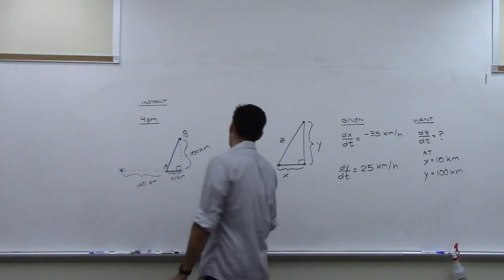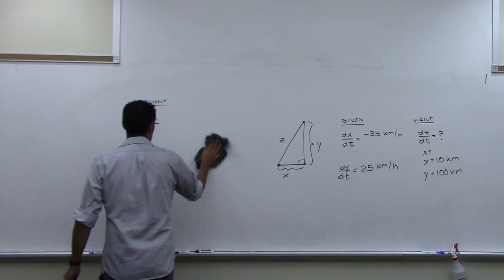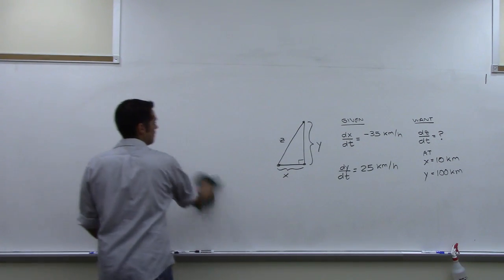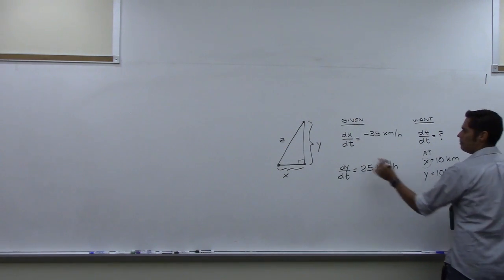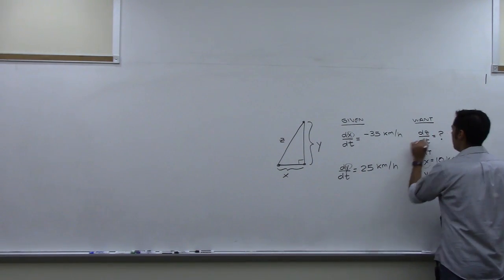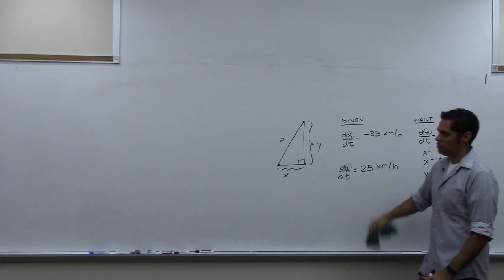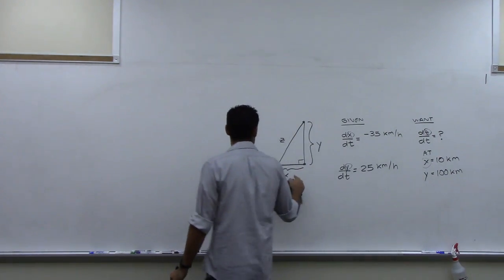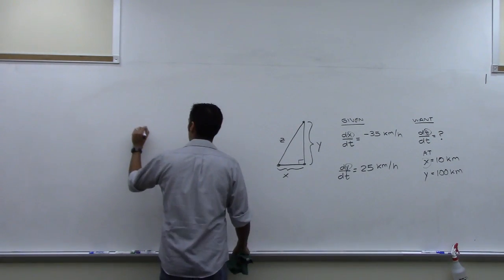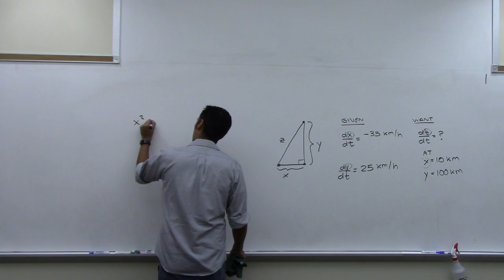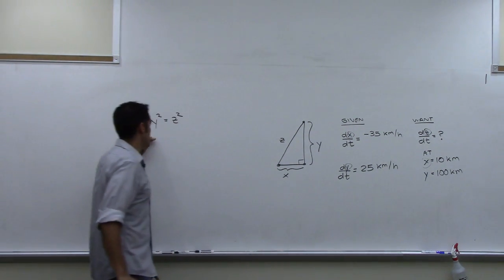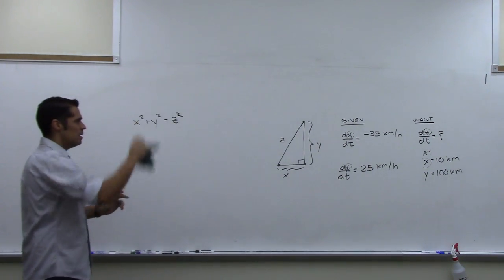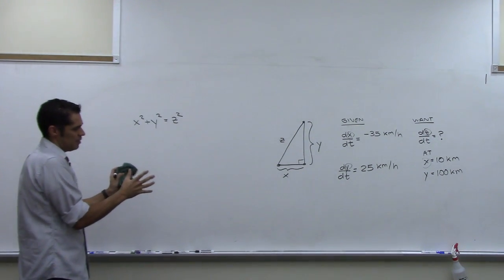All right, I just need now an equation that is going to relate x, y, and z together, and that's a right triangle. We have the Pythagorean identity, a squared plus b squared is c squared, so I can write x squared plus y squared equals z squared. None of these are constant, right? As the ships move, none of those stay the same the whole time.